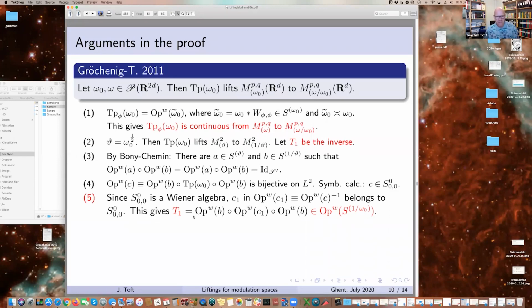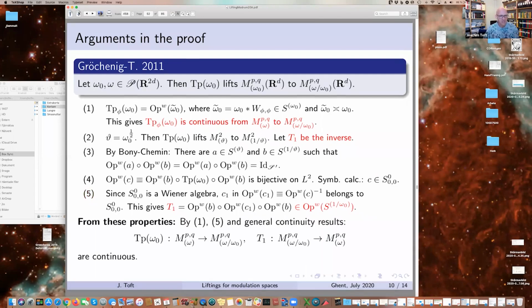So this implies that T1 is given in this way with a symbol in that space. Remember now that T1 was the inverse of this operator here. And now from these properties, it follows that both of these operators here are continuous in this way.